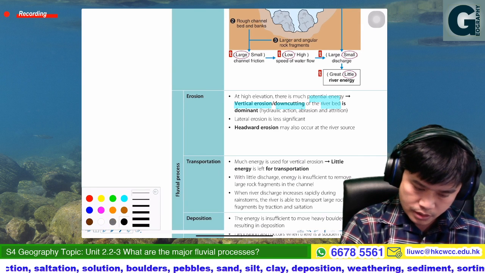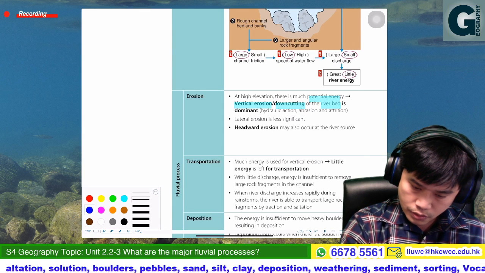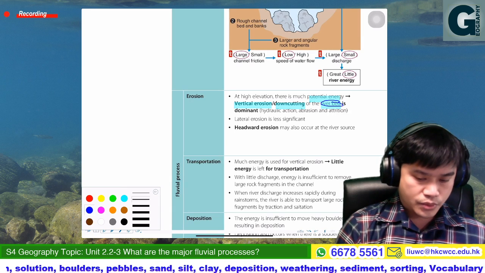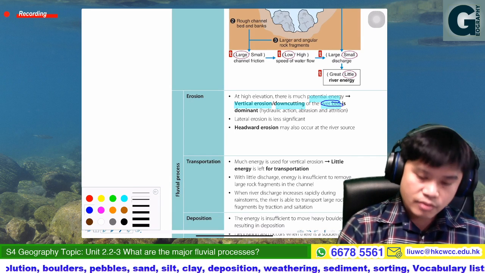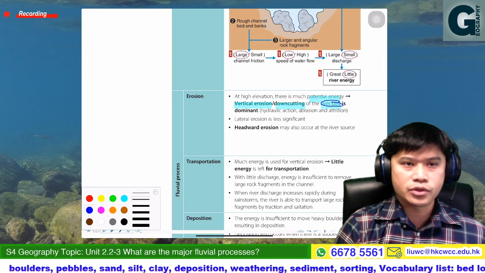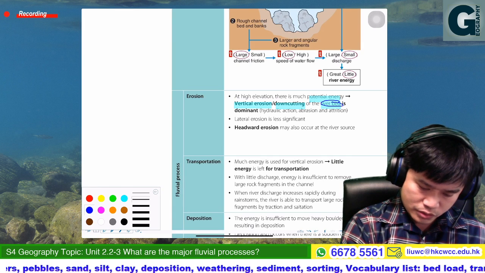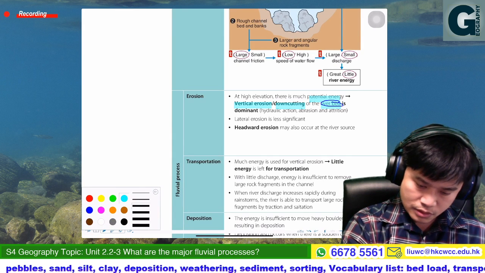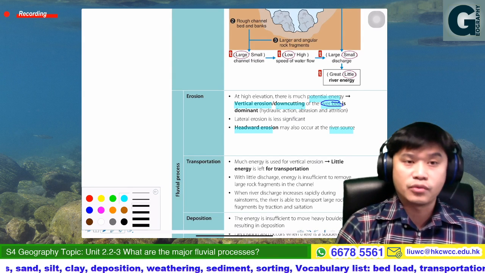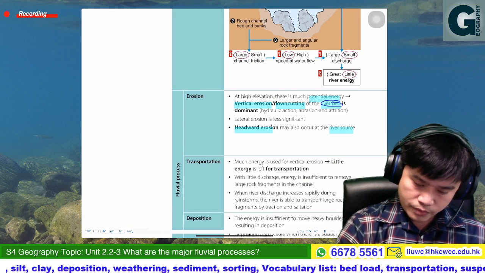Riverbed erosion is dominant, such as hydraulic action and abrasion. So lateral erosion is less significant. You won't see much lateral erosion. Mainly it should be vertical erosion, and also headward erosion. Why? It is because headward erosion may only occur in the river source. So that would be the fluvial process.